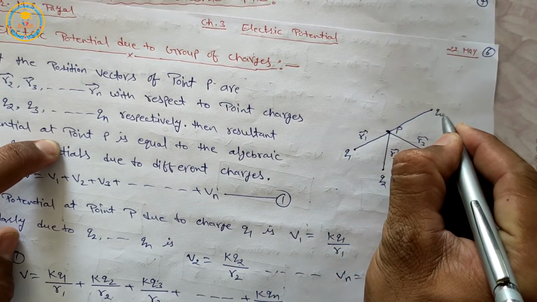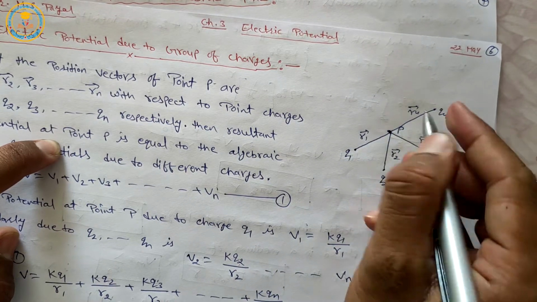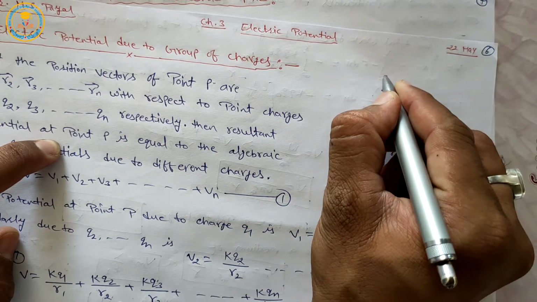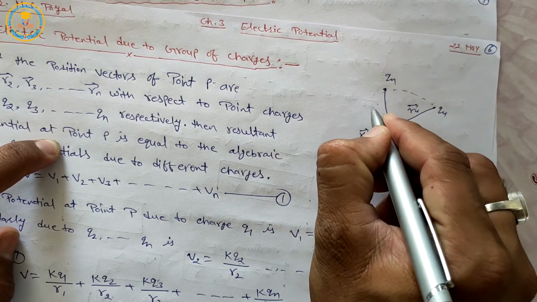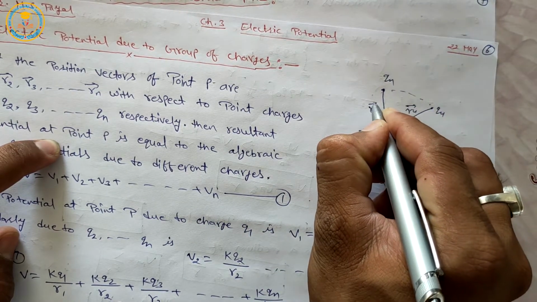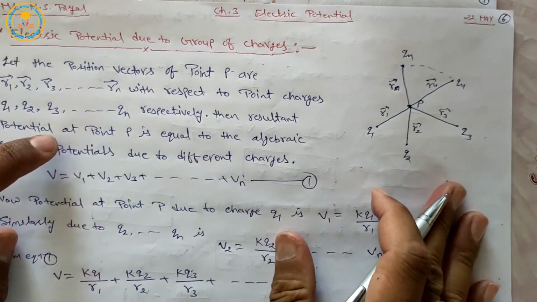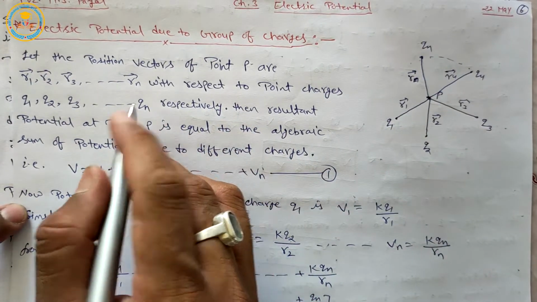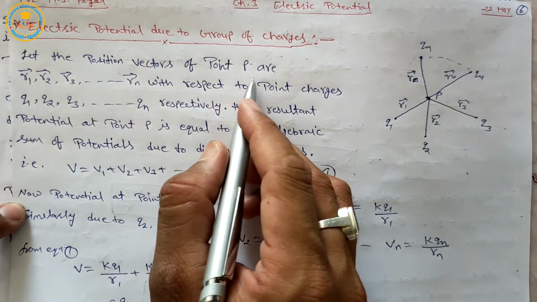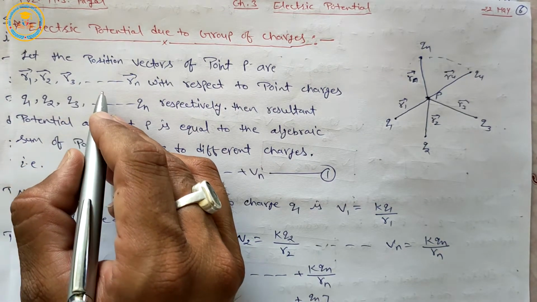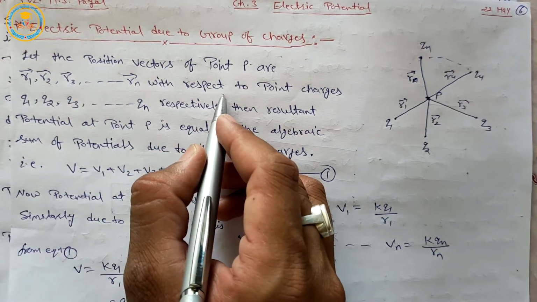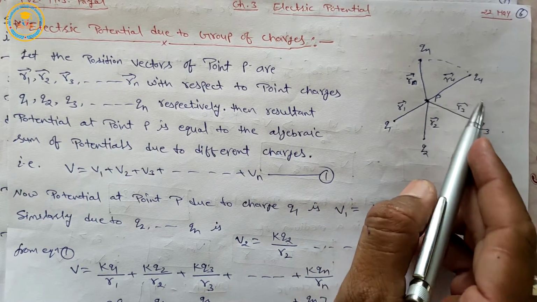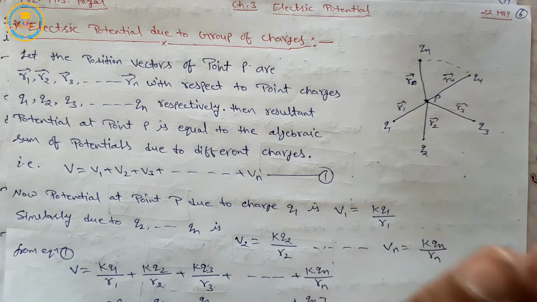For Q4, R4 vector, and so on. For charge Qn, the position vector of point P is Rn. Okay, so let the position vectors of point P be R1 vector, R2 vector, R3 vector and so on Rn vector with respect to point charges Q1, Q2, Q3, Q4 and so on Qn respectively.